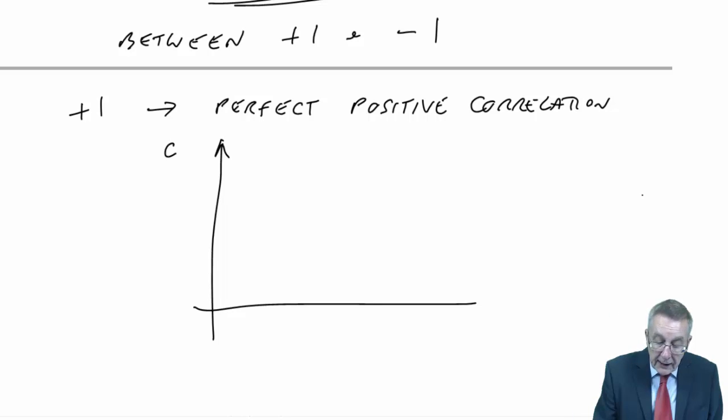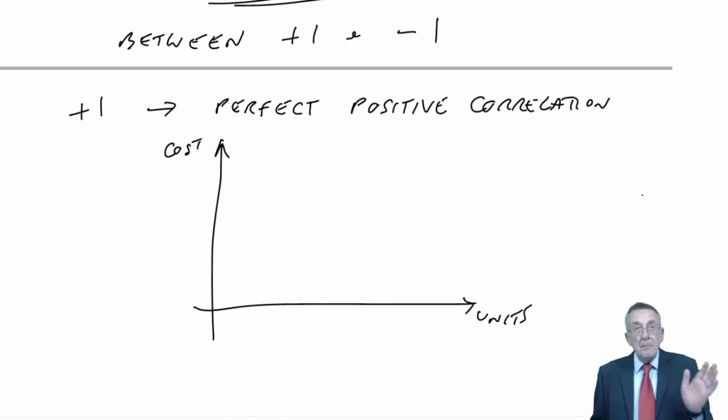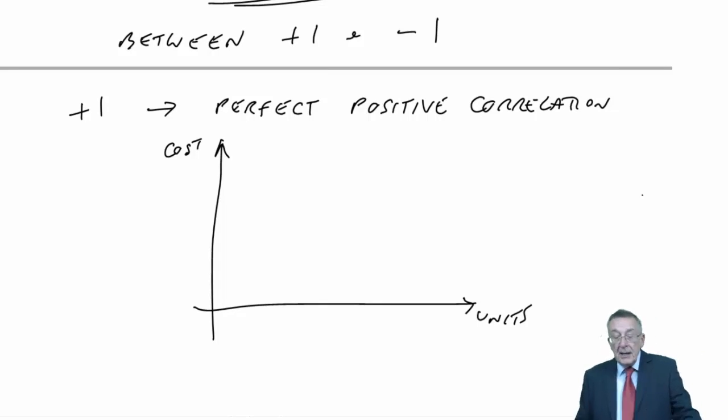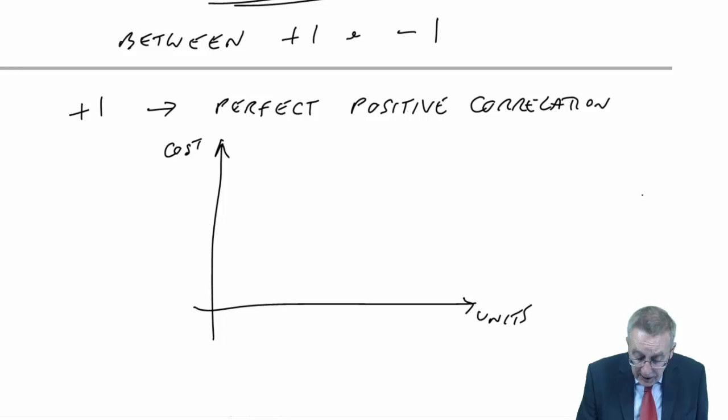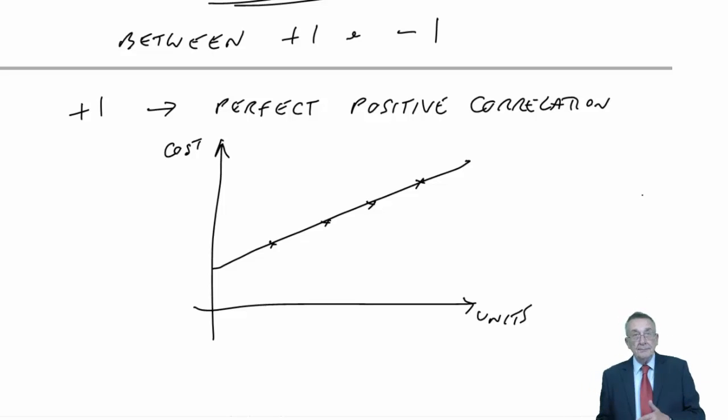So here, when we were looking at cost as against units, the more units you expect more cost. Well, if it was perfect correlation, the points would be exactly on a straight line going up.